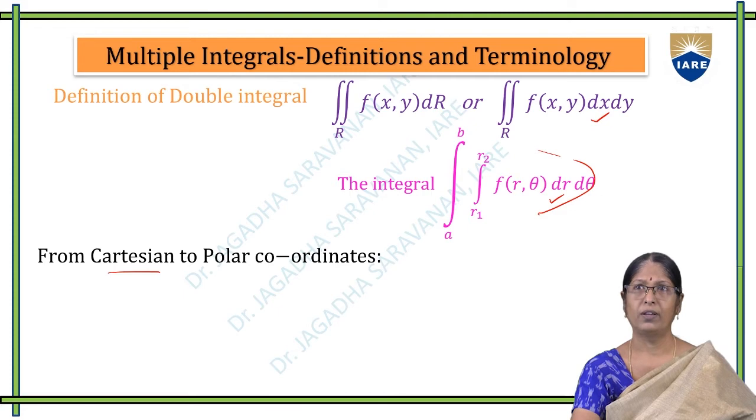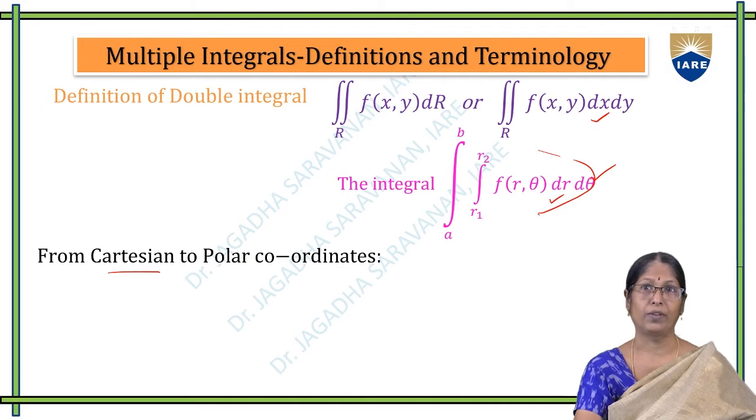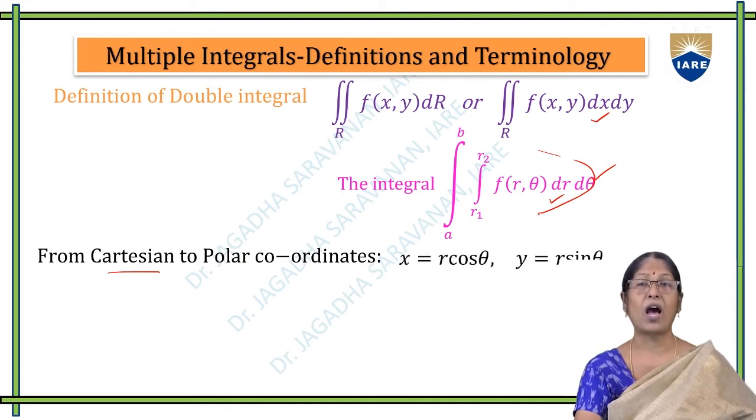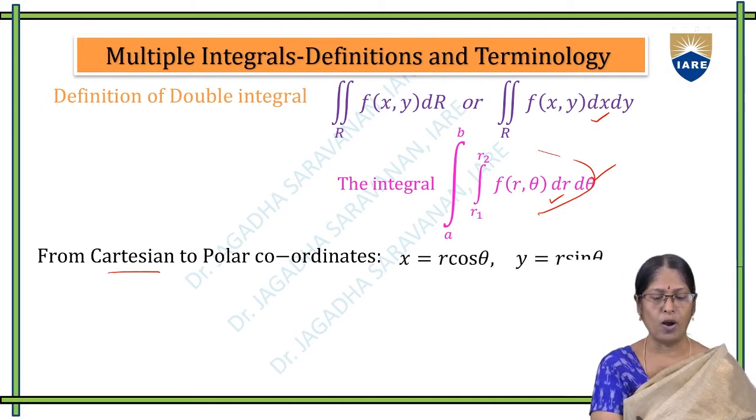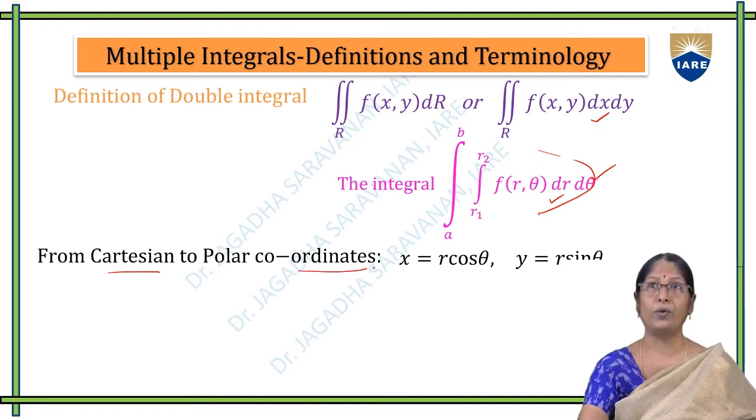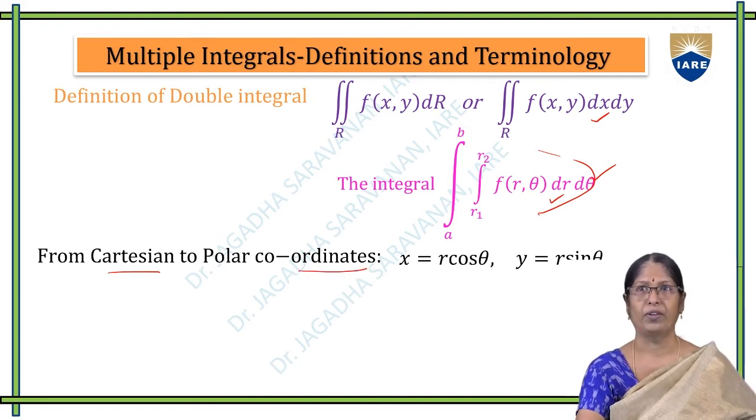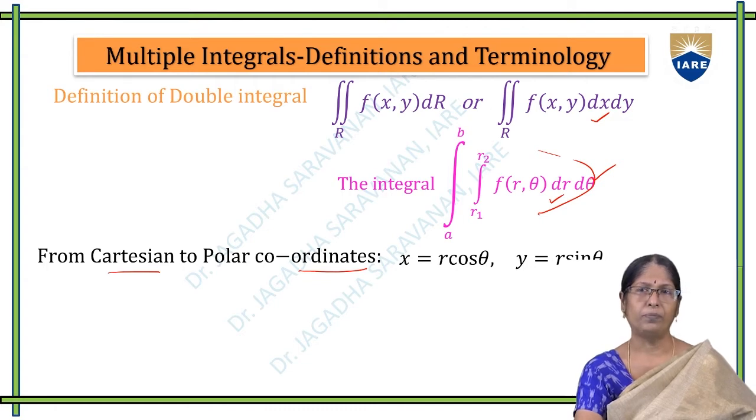Then we can't use the formula straight away. This point is to be noted very carefully. In such cases, we have to make some assumptions to convert our Cartesian form to polar form.